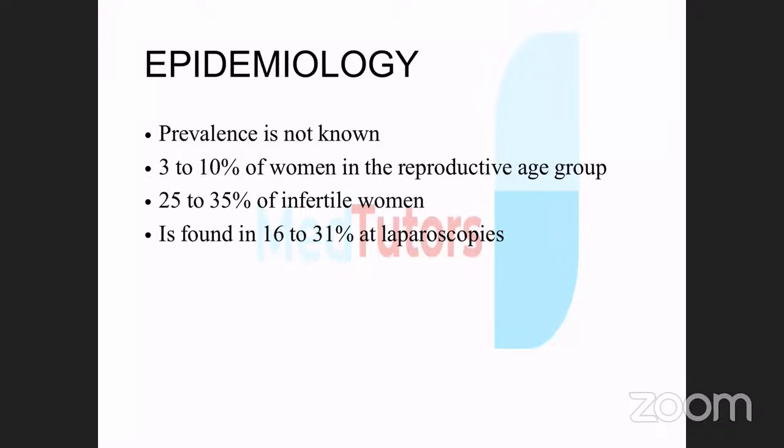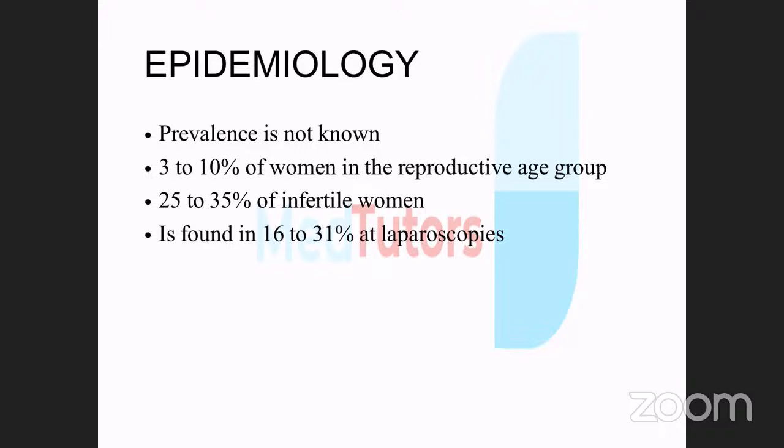Now, what is the epidemiology of endometriosis? What's the prevalence? The prevalence of endometriosis is unknown, especially in our environment. However, it is said that 3 to 10% of women of reproductive age are affected by endometriosis. And endometriosis is found in around 25 to 35% of women who have infertility.